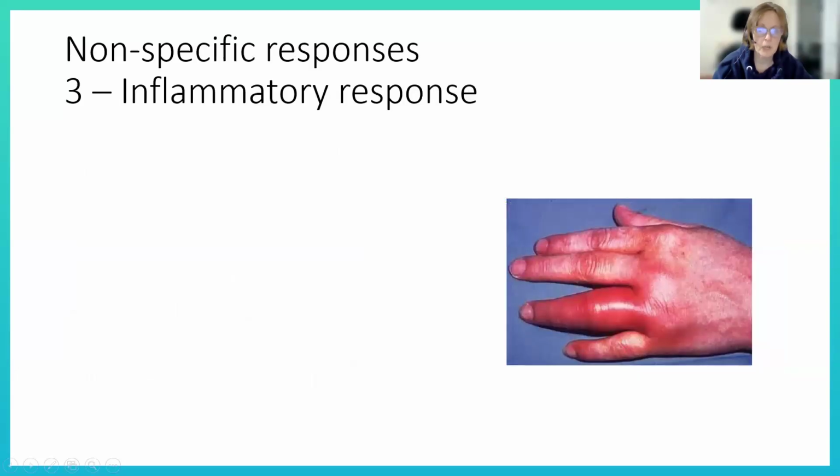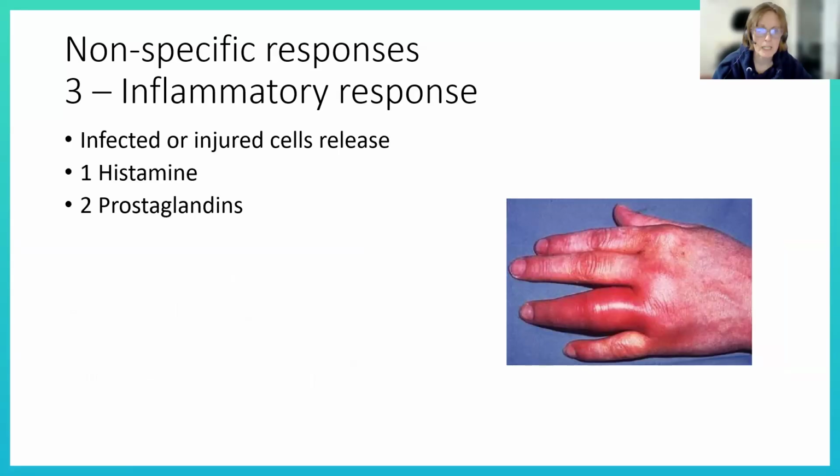So the next part of this non-specific defense is the inflammatory response, which looks pretty painful and nasty there. What's happening is our infected or injured cells release histamine and prostaglandins.